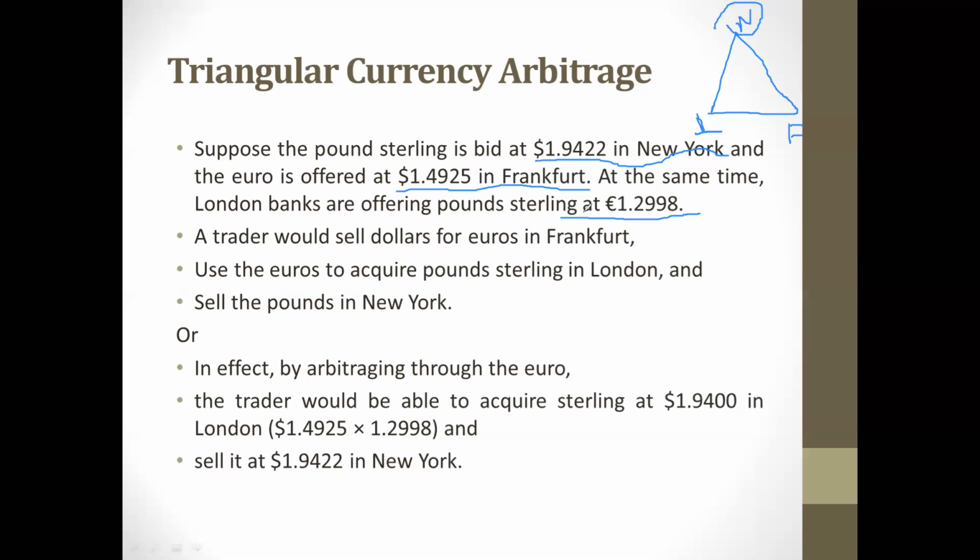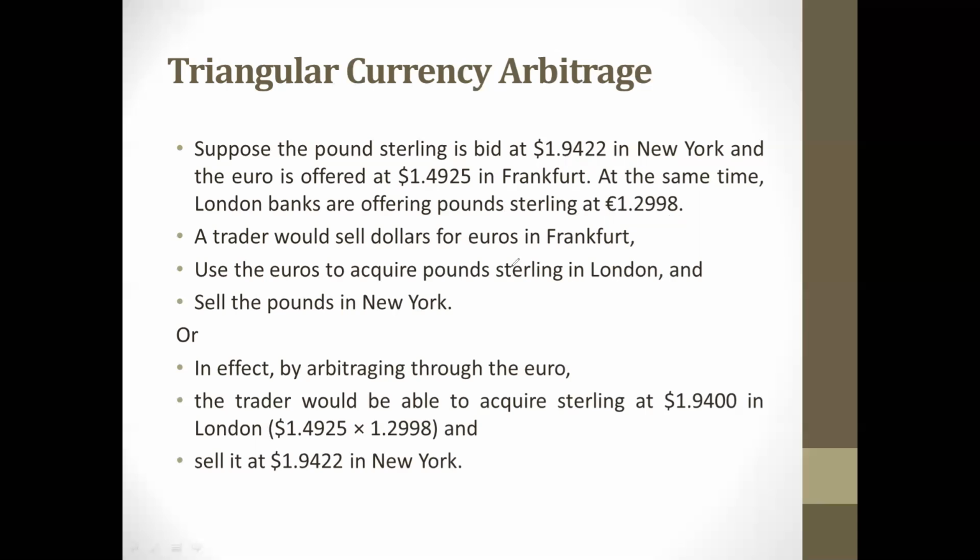Now you can see here, the trader would sell dollars for euros in Frankfurt. So the trader can start by taking dollars in the New York market and go to the Frankfurt market and turn his dollars into euros. Then taking that euro into the London market, he can exchange that euro into pounds.